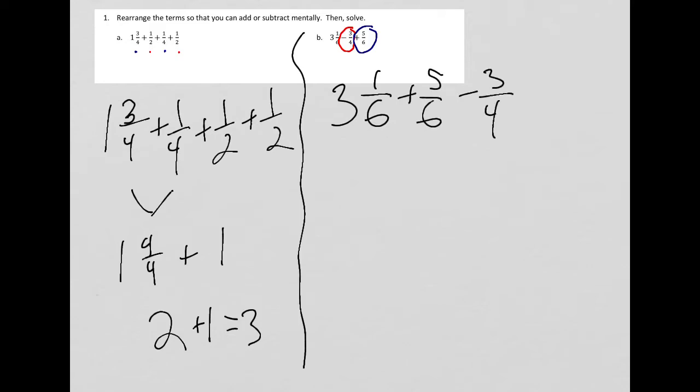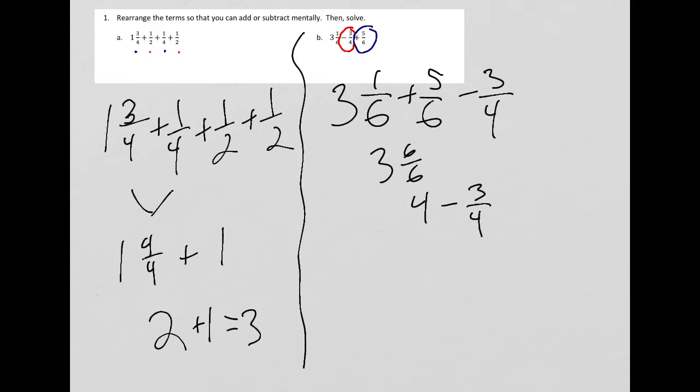As long as I keep my minus sign with my 3/4 and my plus sign with my 5/6, I can keep going. And now that I have my numbers with the common denominators together, then I can do it easier in my head. So 3 1/6 plus 5/6 is going to give me 3 6/6, which I know is equal to 4. So now I'm going to do 4 minus 3/4.